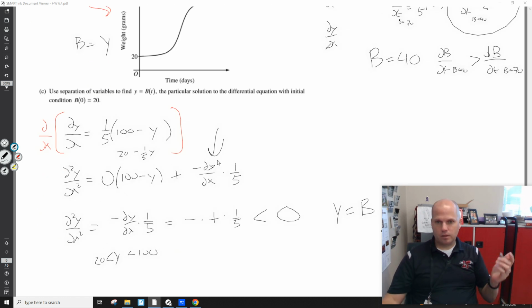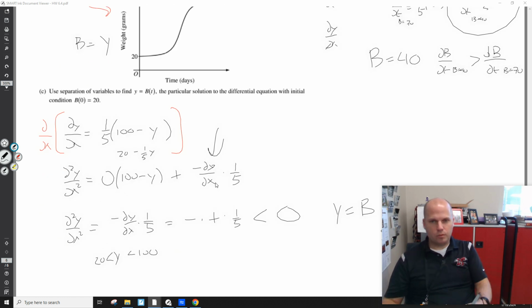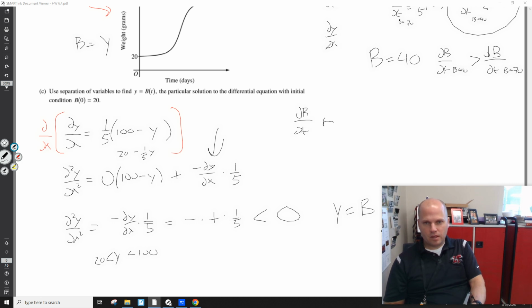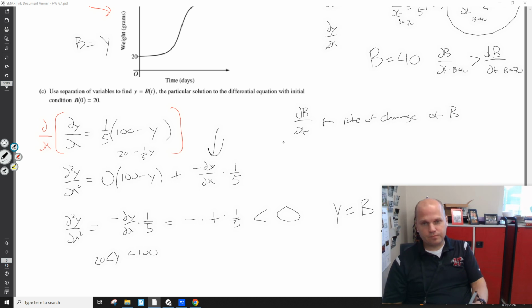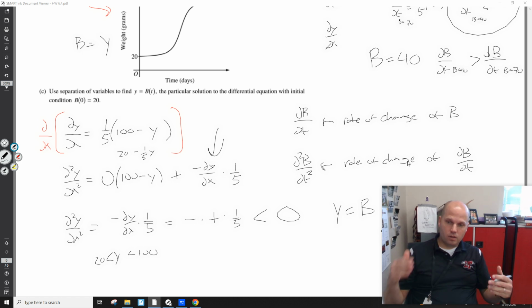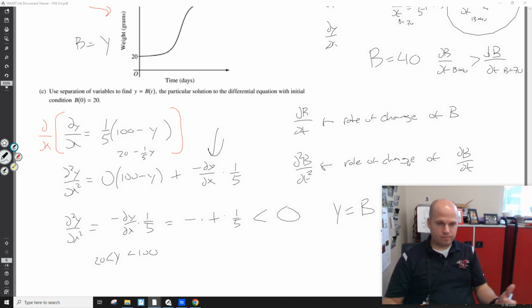Just a quick little review. dB dt is the rate of change of b. If dB dt is positive, b is increasing. d squared b over dt squared would be the rate of change of the rate of change. It's how quickly the rate of change is changing.